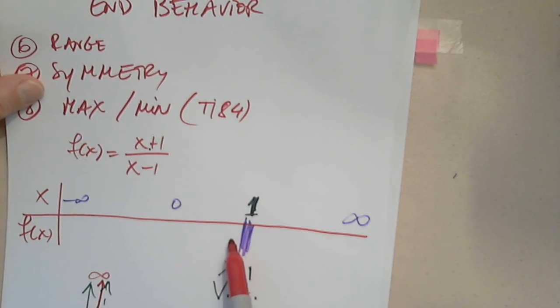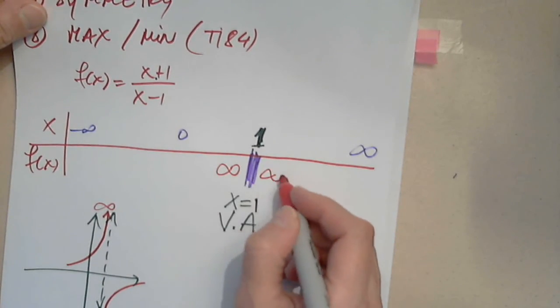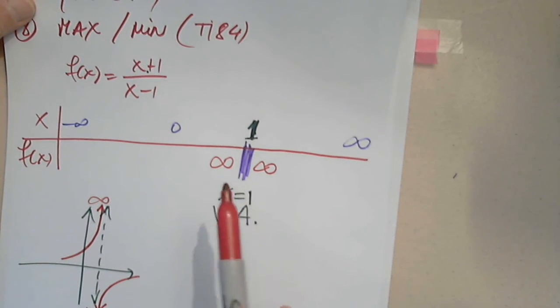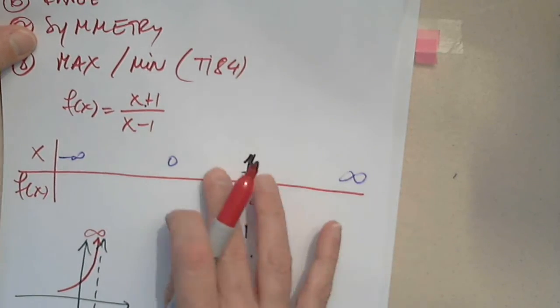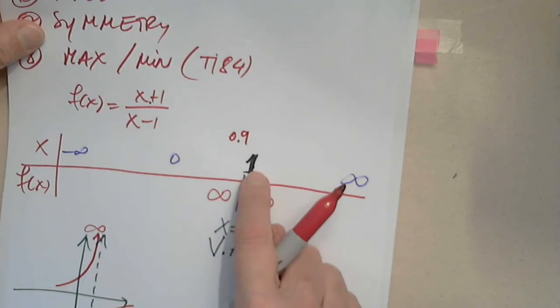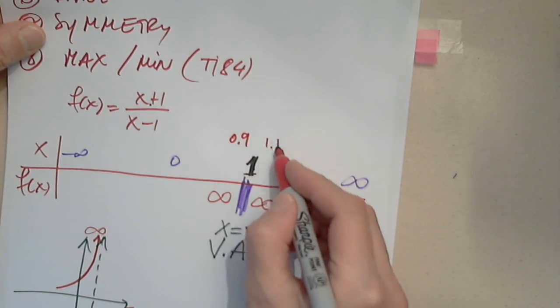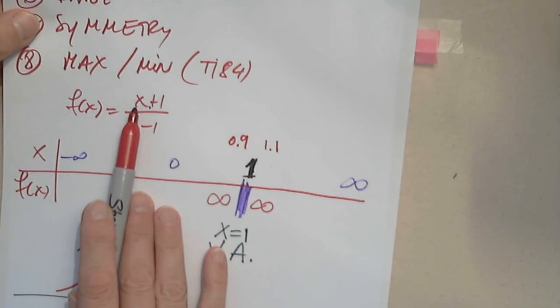I know for sure that left and right will be infinities, but I don't know the sign. How do I determine the sign of the infinities? Using a number that I'm not going to plot. Using a number close to 1 on the left-hand side and close to 1 on the right-hand side. So let's plug in 0.9.